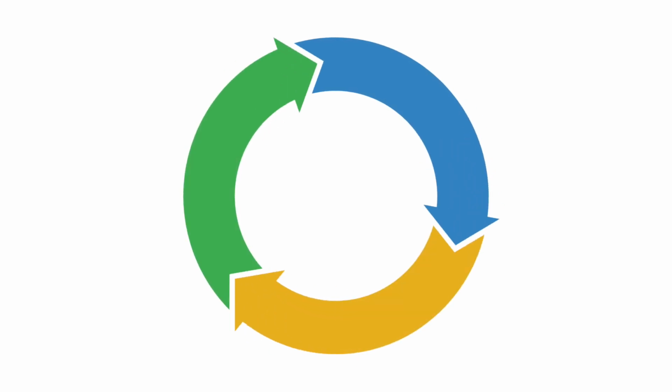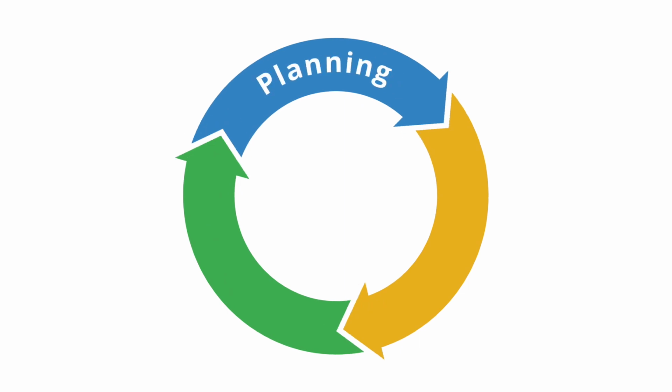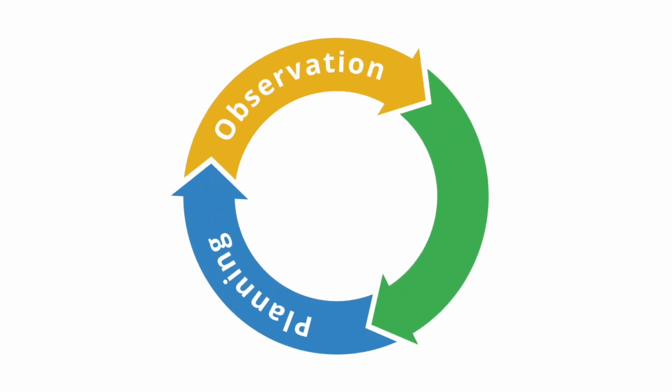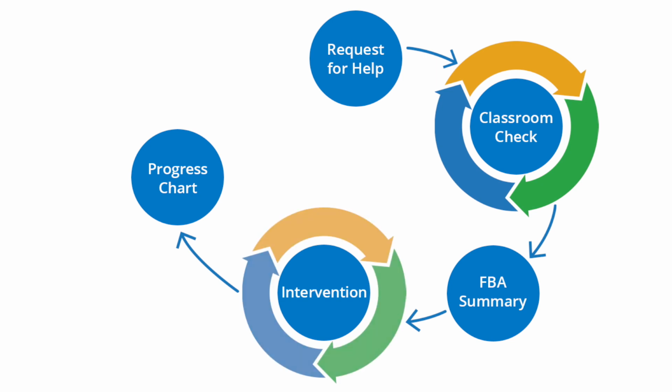Let's review what we've learned in this training video. Coaching is more effective when all three components of the coaching cycle occur regularly: the planning meeting, focused observation, and performance feedback. In iBest, coaching cycles typically occur during the classroom check and during the implementation of the behavior intervention plan.